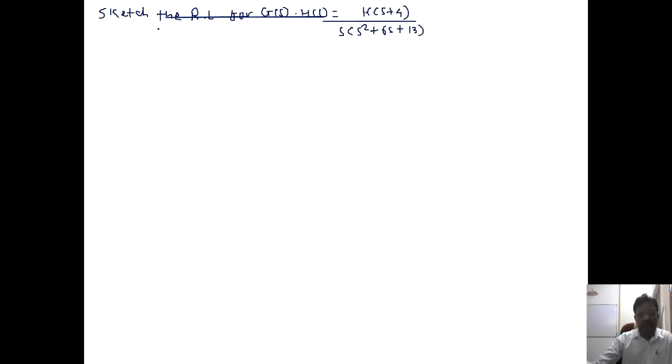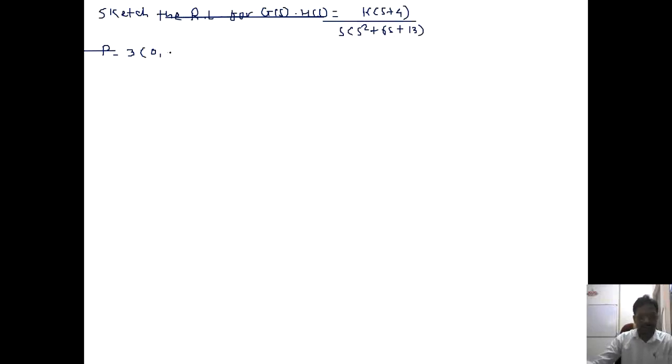So for this numerical, let us first calculate the number of poles as well as the number of zeros. Poles: look here, a single s, then a quadratic equation, that means 1, 2, 3. So the number of poles is 3, and the values are s equal to 0, and the roots of this quadratic equation s squared plus 6s plus 13.